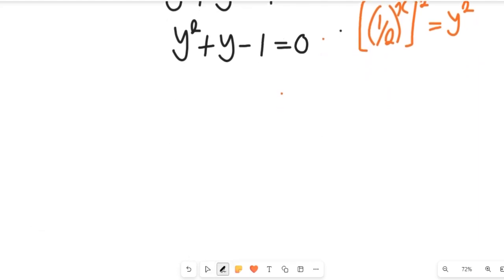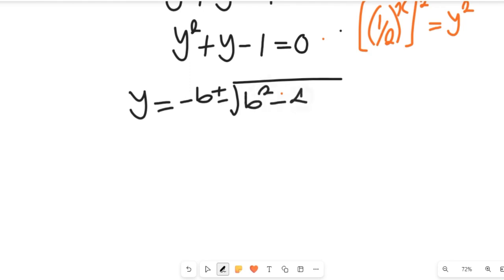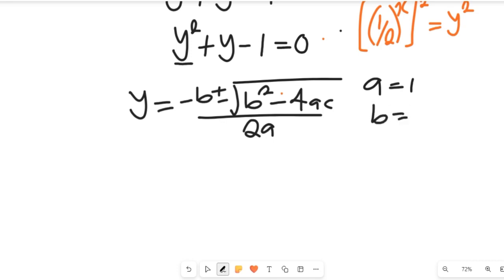So what we'll do now is solve this quadratic equation for the value of y. To solve for y, we are going to use the quadratic formula, which gives us negative b plus or minus the square root of b squared minus 4ac, all divided by 2 multiplied by a. From that expression, our a is equal to 1, our b will be equal to positive 1, and then our c will be equal to negative 1.